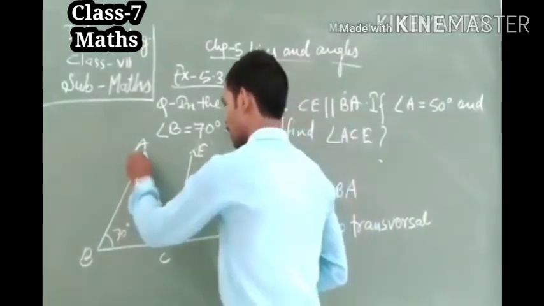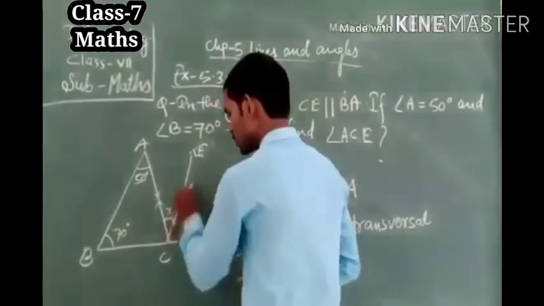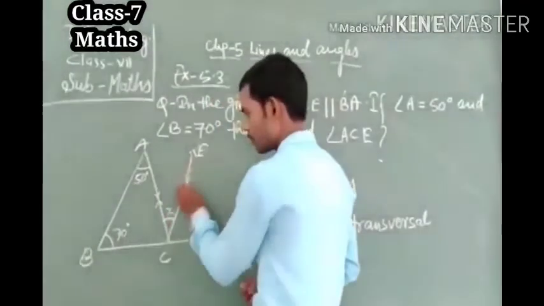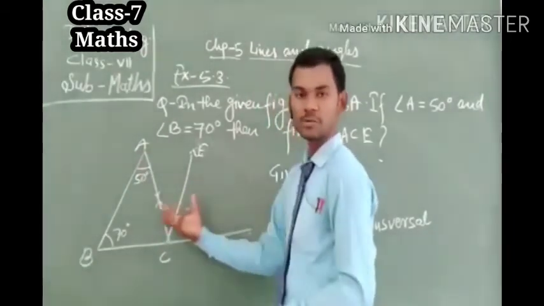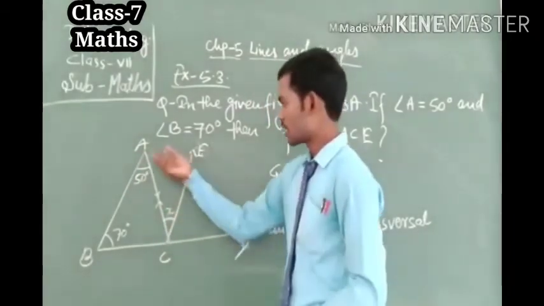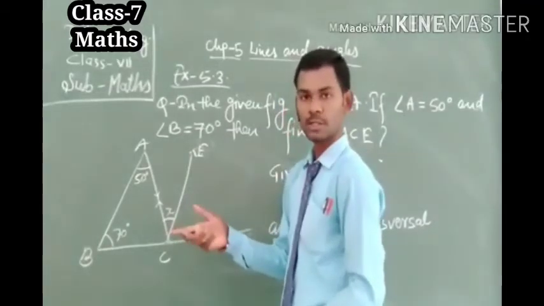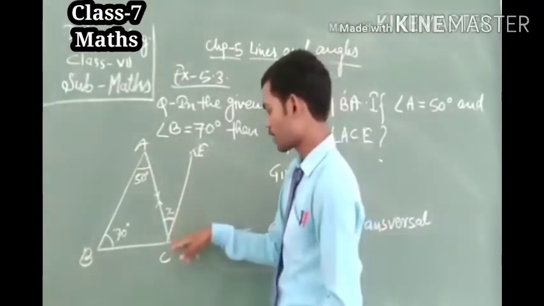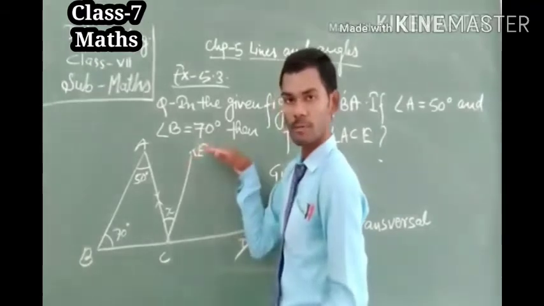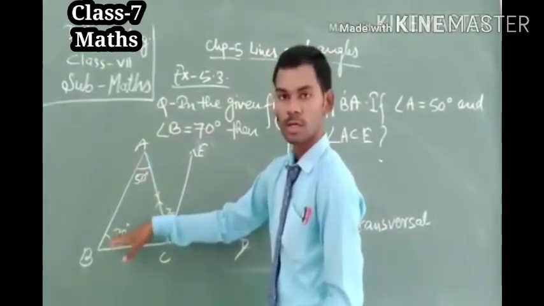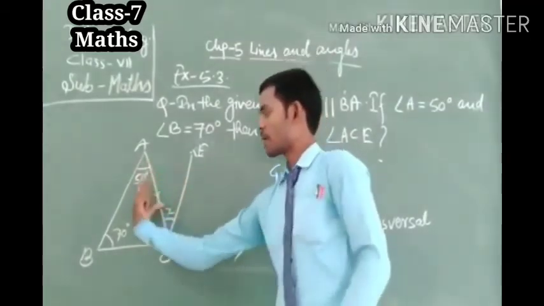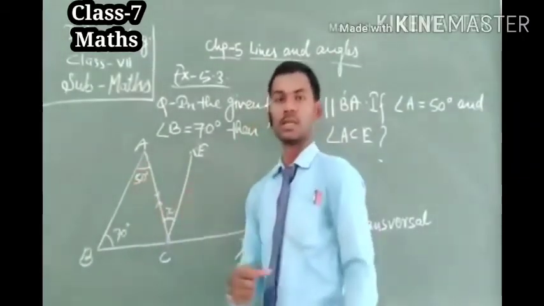Here we have two lines, BA parallel to CE, and the line AC which cuts these two parallel lines becomes the transversal. One arm of this angle is on the upper side and one arm of the angle 50 is on the downward side, and their other arms are formed by the transversal AC.